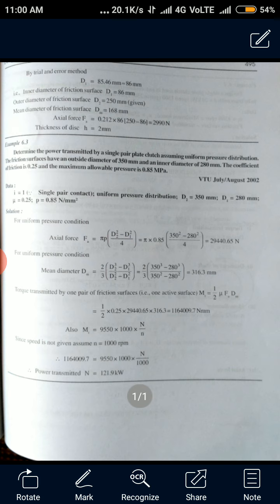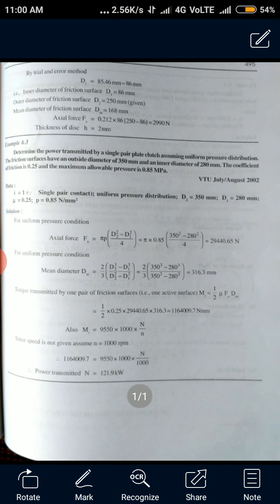So what we need to calculate here is the power N. You know the relation for power: Mt equal to 9550 times 1000 into capital N by small n. To calculate Mt, we have to calculate Fa and dm, then we can substitute here. First, as he said, we assume uniform pressure condition.